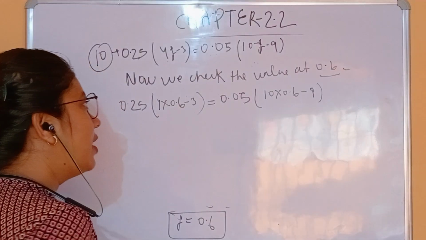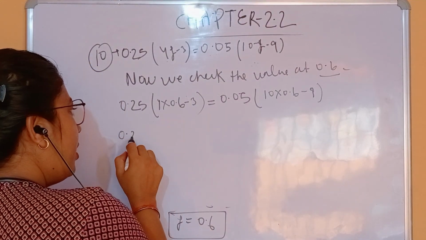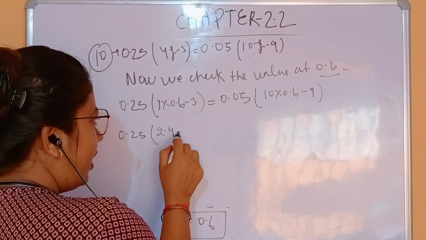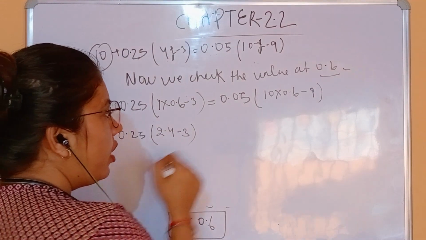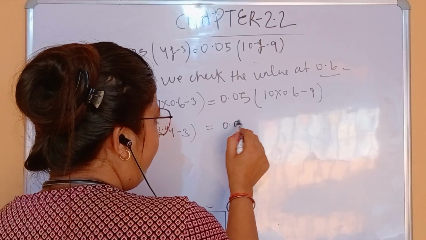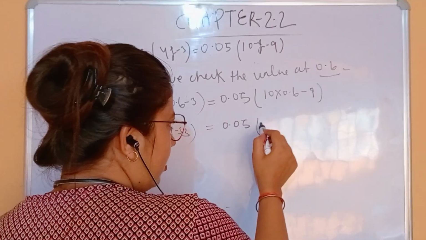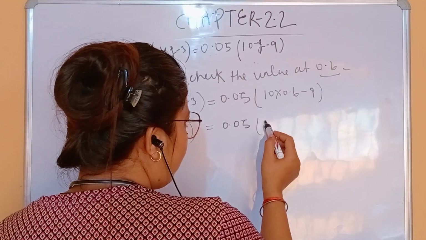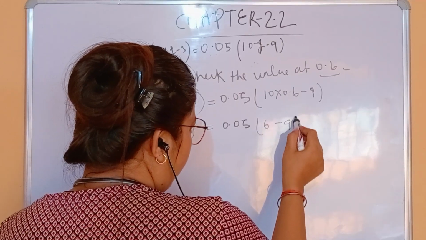Okay, so first what comes? 0.25 here. 4 multiplied by 0.6 is 2.4, minus 3. Okay, so 0.05, 10 times 6 is 60. So the point goes after one number. So here 6 minus 9.